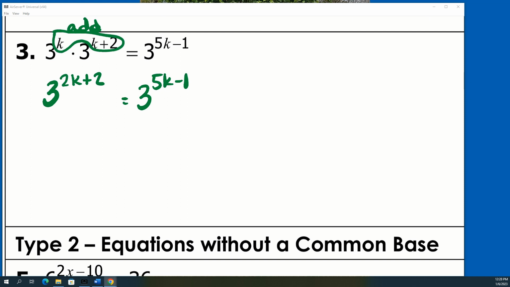All right. So now it's like the first one started. So we have 3 to the power, so we can just drop off the 3's and set the exponents equal. And then solve it for k.